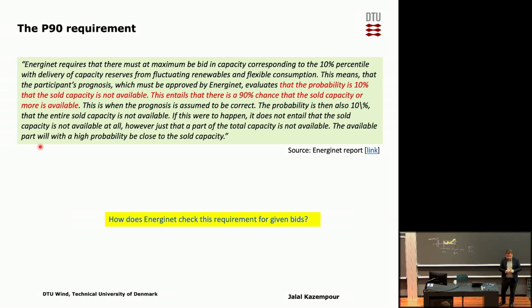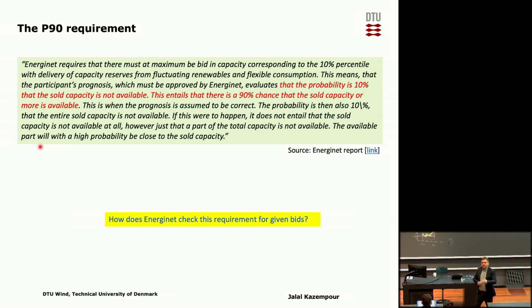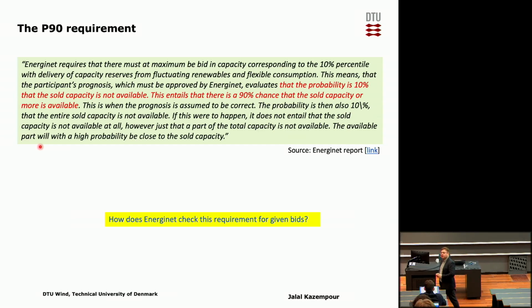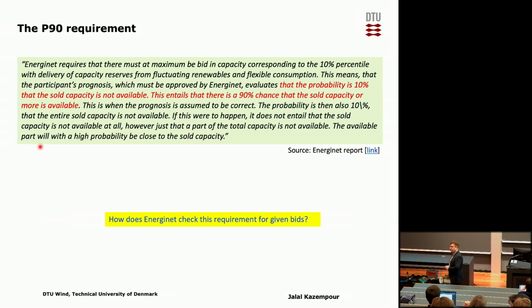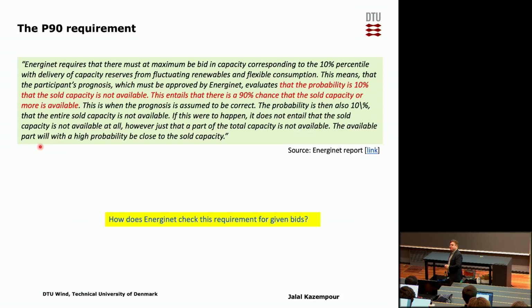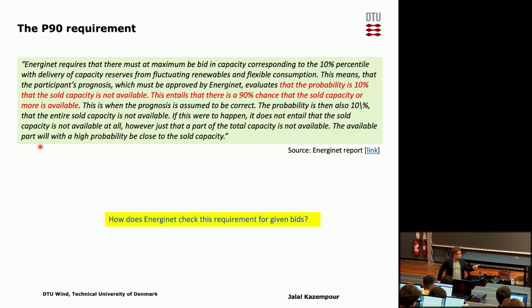So, yes, we said that there is pre-qualification. Imagine that you got accepted, you are eligible to participate in the FCR-D market. Good. Now you submit a bid for a specific hour tomorrow, 2 p.m. to 3 p.m., and you say my bid is, I don't know, 1 megawatt in FCR-D.